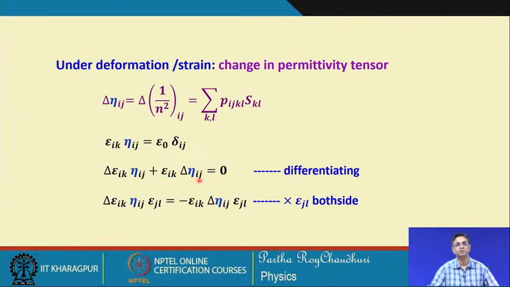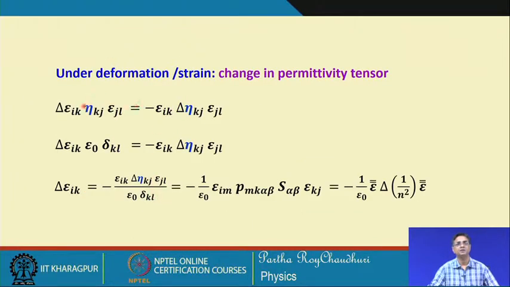If you transpose to the right hand side, it will carry a minus sign, then you post multiply with eta I j, both of them. Now, this quantity eta I j epsilon I k eta I j, in place of this we can write epsilon 0 delta I j. So, that is what we can represent.